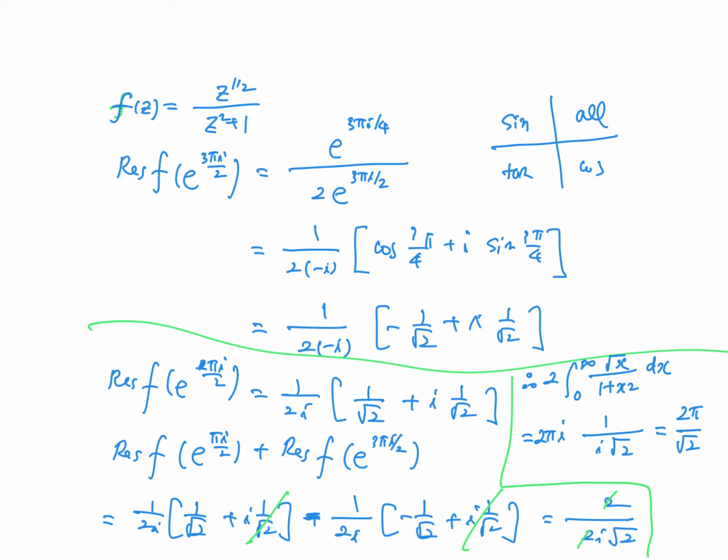So can I write this here? Okay. So finally we have the integral of square root of x over 1 plus x squared dx is pi over square root of 2.